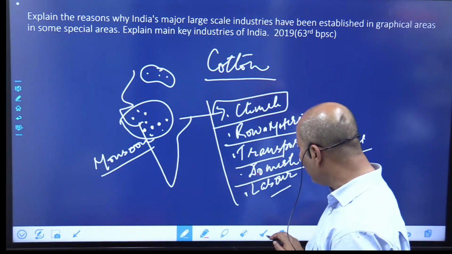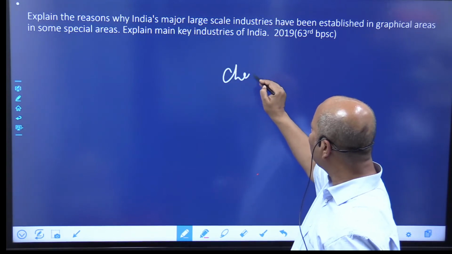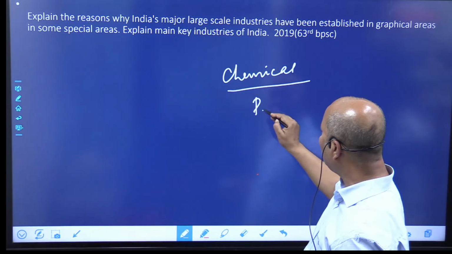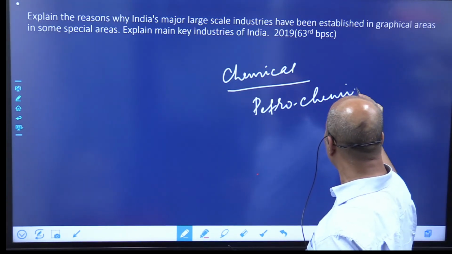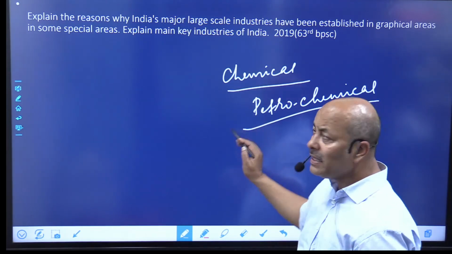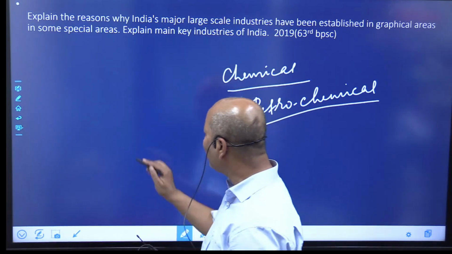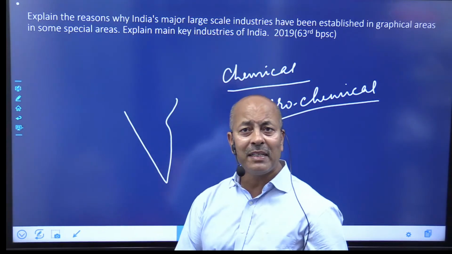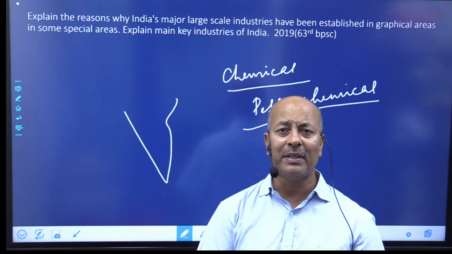Now come to the third one, that is the major key industry, the chemical industry of India. So the chemical industry is a petrochemical industry. In this area we'll find major chemical industries. See, all the major petrochemical and fertilizer industries are located close to a refinery of India.